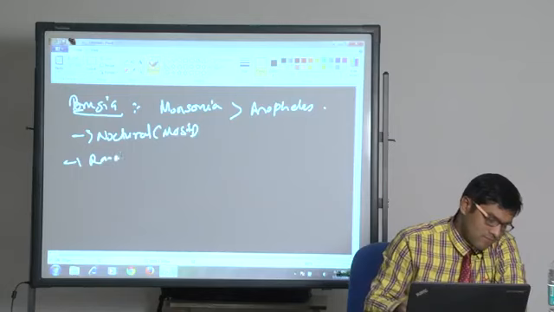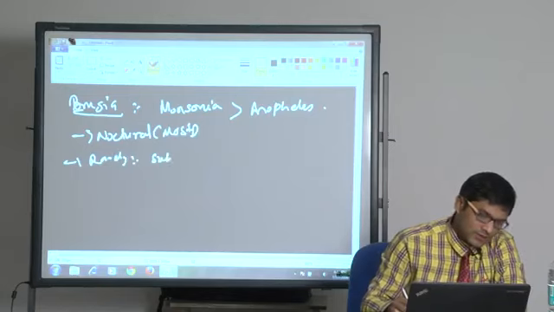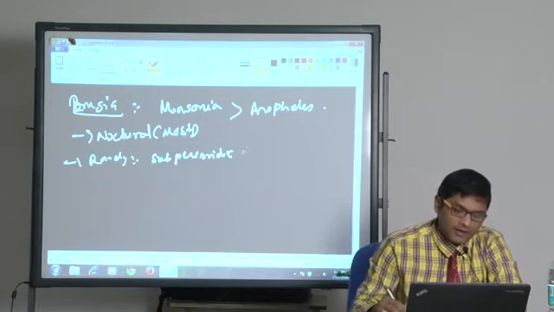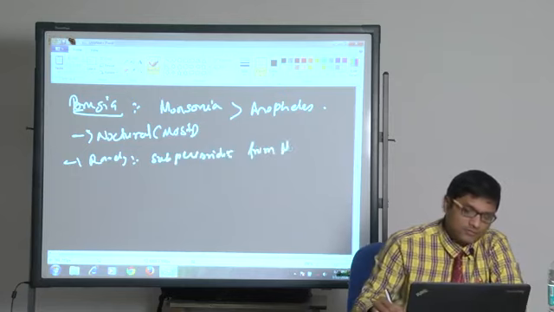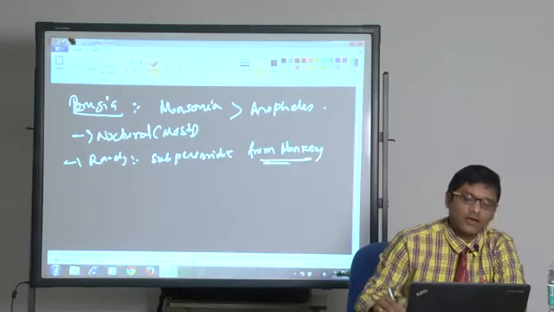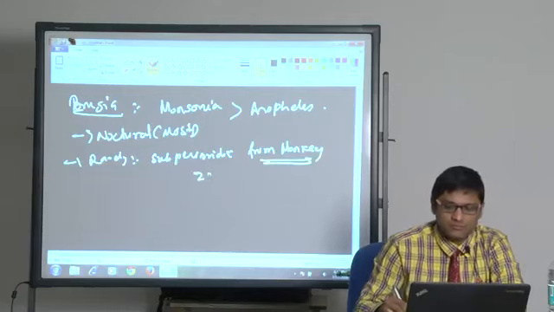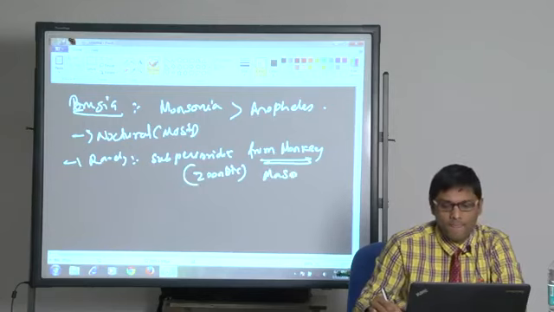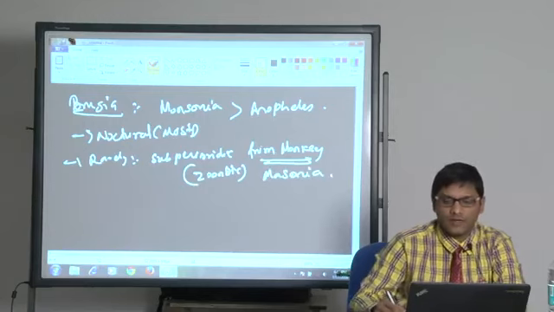Rarely sub-periodic strains are there, and they are transmitted from monkeys. They are zoonotic strains transmitted from monkeys by the Mansonia vector.